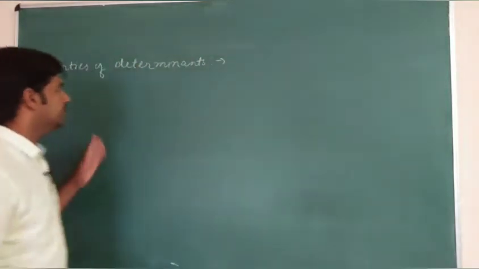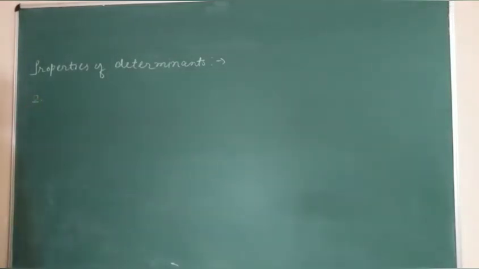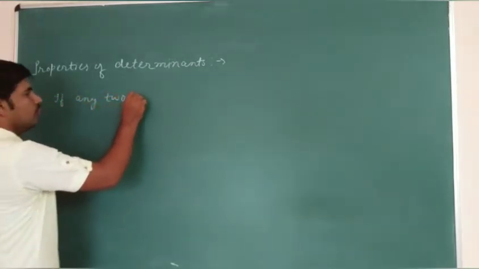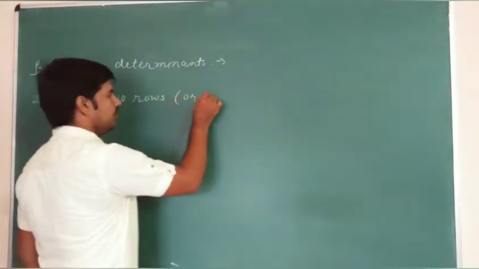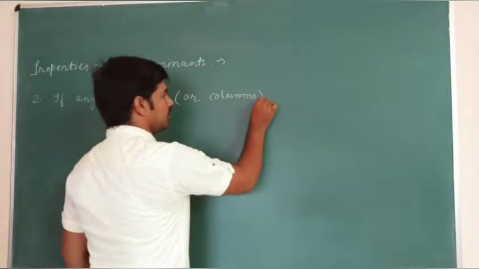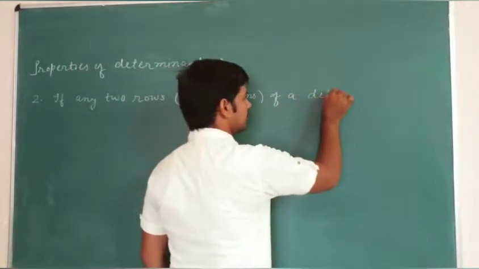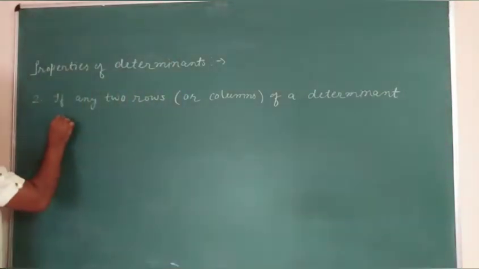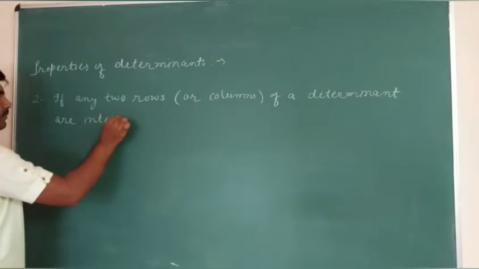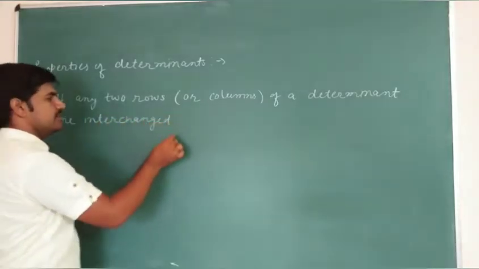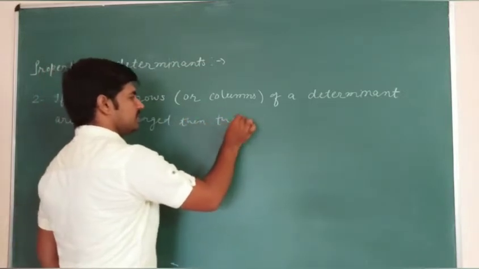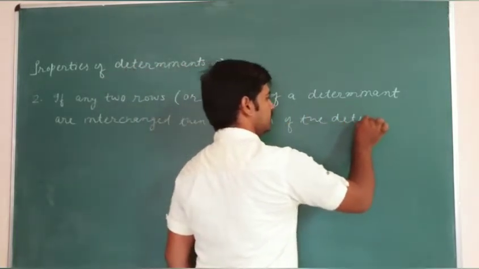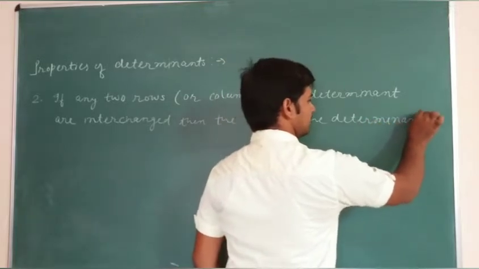The second property of determinants, students, is: if any two rows or columns of a determinant are interchanged, then the sign of the determinant changes.